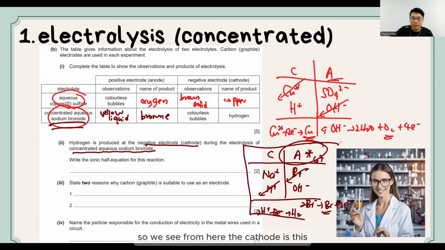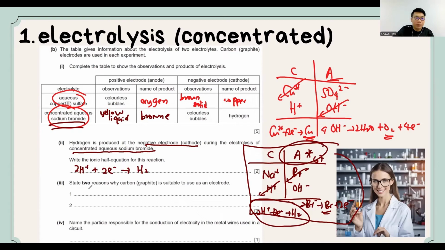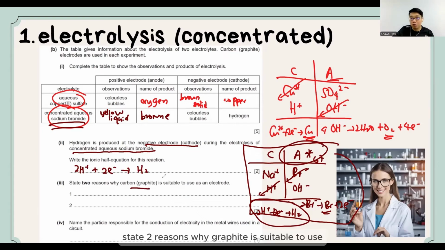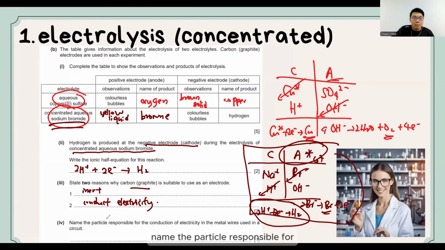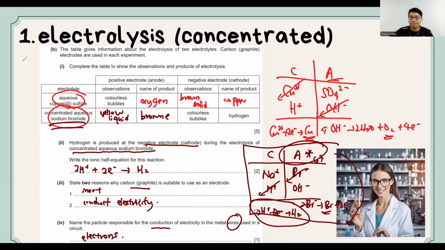So we see from here, the cathode is this. Give two reasons why graphite is suitable to use as anode: it can conduct electricity. Name the particle responsible for conductivity of electricity in wire. So wire confirmed is electron. If they say the solution, then it would be the mobile ion.